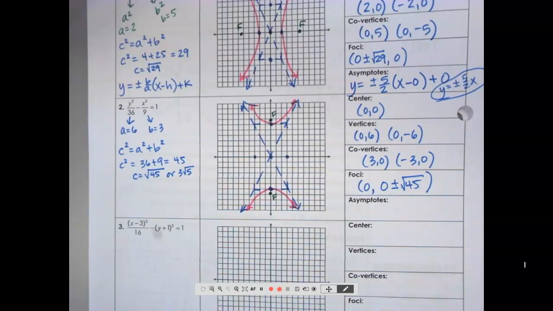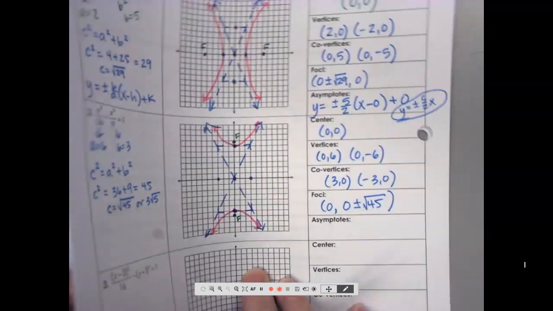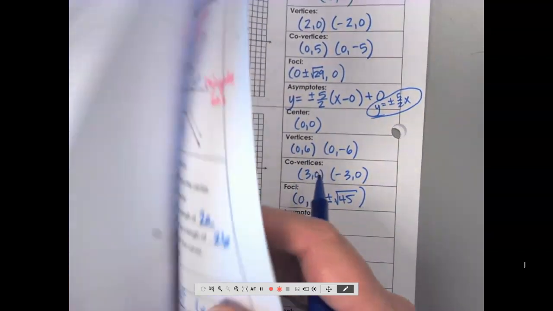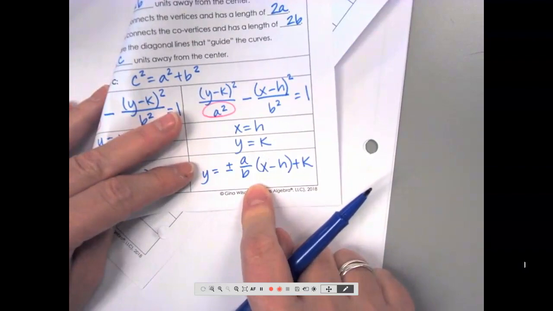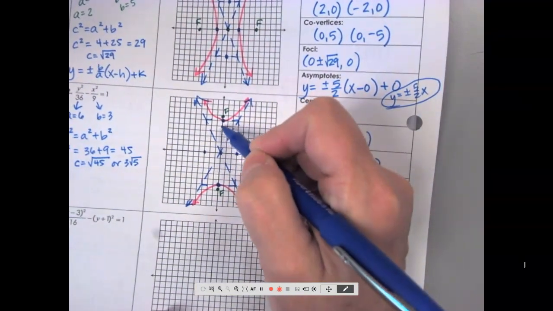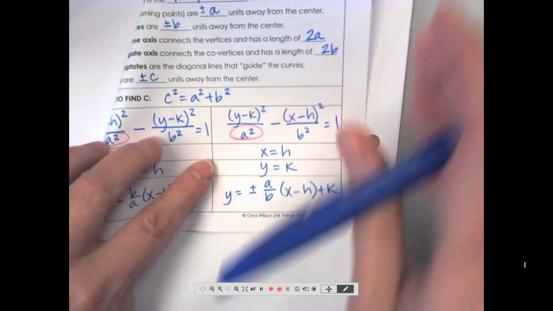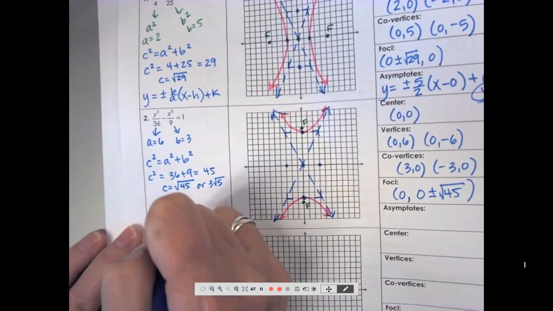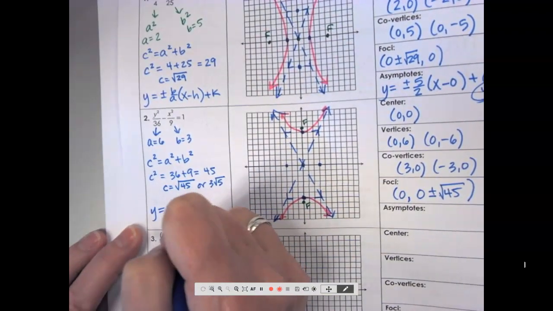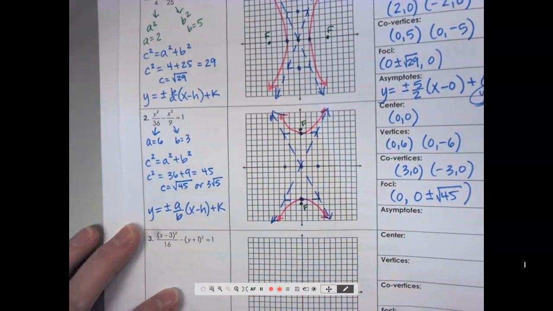Okay. All right, asymptote for vertical. One thing is different. Your slope is A over B instead of B over A. And again, it's just the rise over run from the center to the corner. Okay, so plus or minus A over B times x minus h plus k.